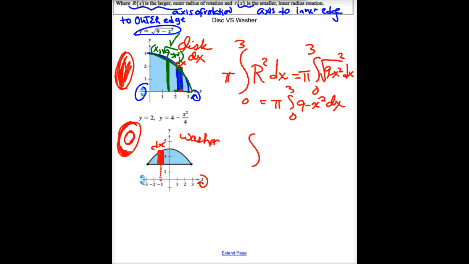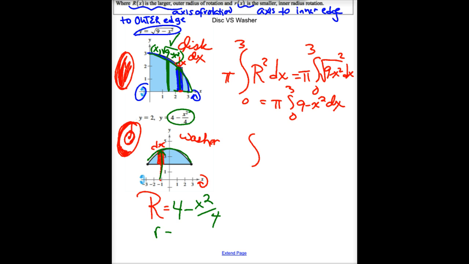All right, my formula is pi r squared h minus pi r squared h. Well, what is big R here? The big radius is from the axis to the outer edge of the curve. It's from here up to here. So it's the y value on this curve, which is 4 minus x squared over 4, as defined up here.